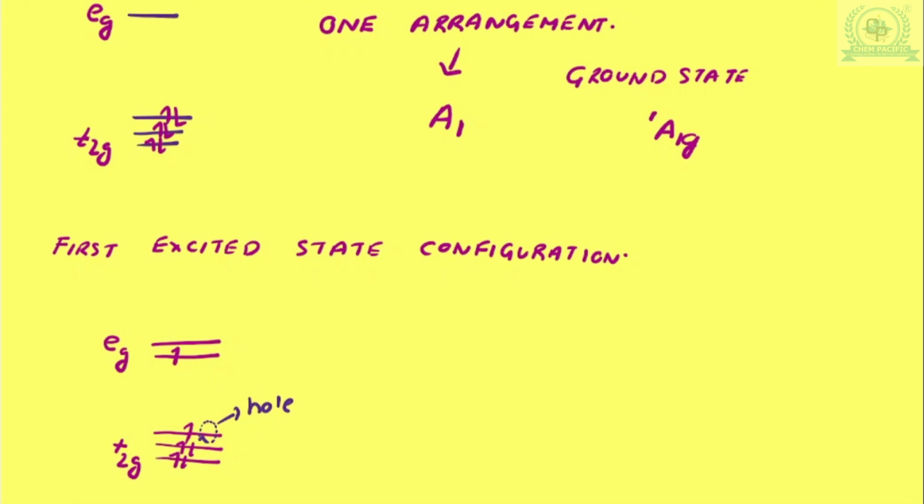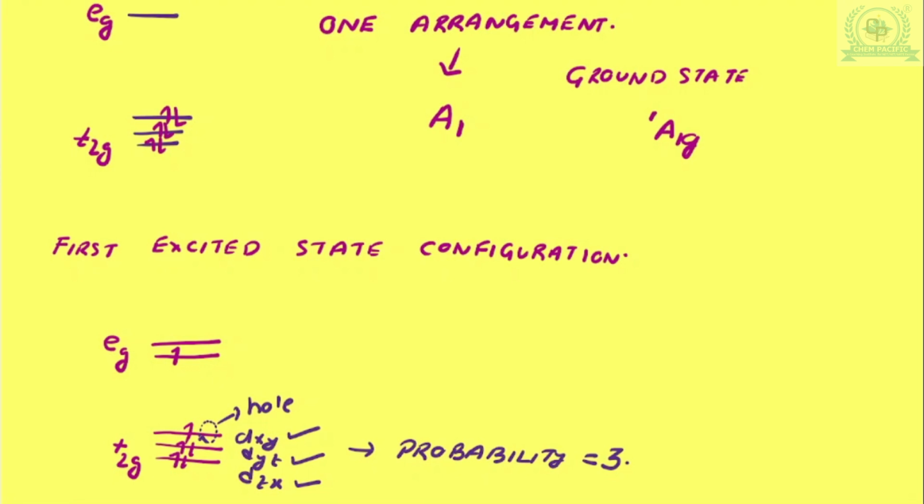And since we know that T2G comprises dxy, dyz and dzx, this excitation can be from any of the d orbitals, from dxy, or dyz, or dzx. So the hole may occur in any of the three orbitals. As a result, its probability will be 3.